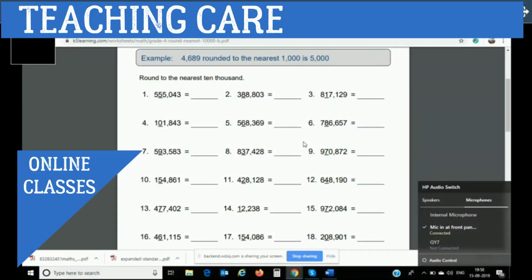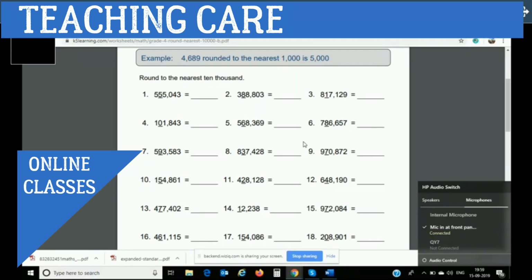37. How will you round it off to the nearest 10,000? It will be 40,000, right? Yeah, that's what I was saying. Then next one, number 9. 970,000.